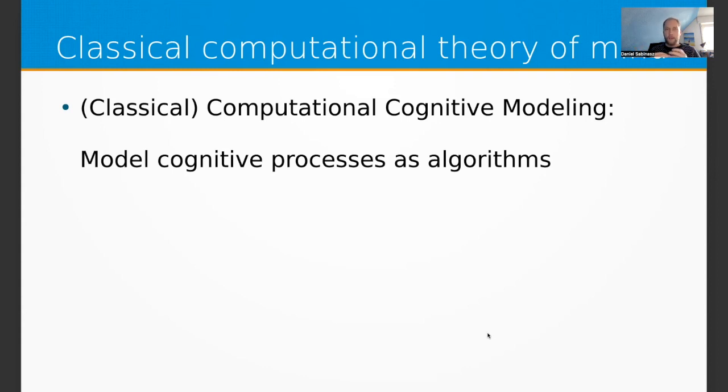So, for example, if a classical cognitive scientist wants to account for how the mind achieves deductive reasoning, then they would propose an algorithm that does deductive reasoning, and that maybe can account for certain empirical data about how humans perform in deductive reasoning tasks. And that would then be a theory of how deductive reasoning works in the mind or in the brain.